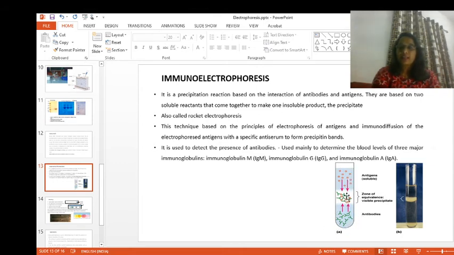When they interact with each other, they form an insoluble product, a precipitant, and that is being analyzed here. This is the precipitin band after this antigen antibody reaction. It is mainly used to determine the blood levels of immunoglobulins like IgM, IgG, and IgA.